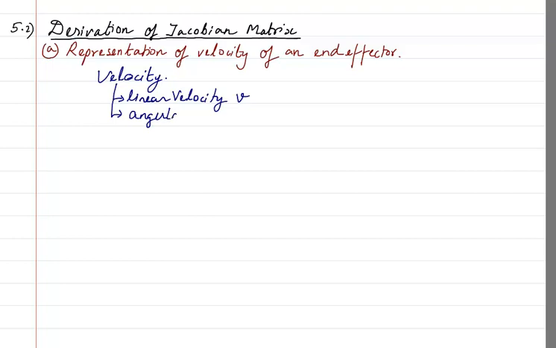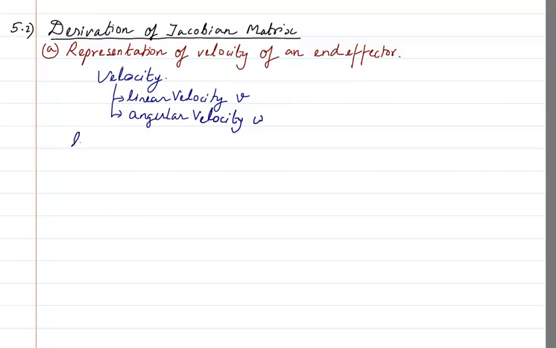Angular velocity is generally represented by omega. So the second one is angular velocity, which is represented as omega. What is the difference? One is linear, the second one is based on an angle. To understand that, let us look at it one by one.